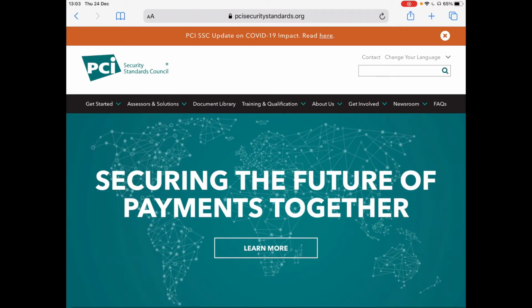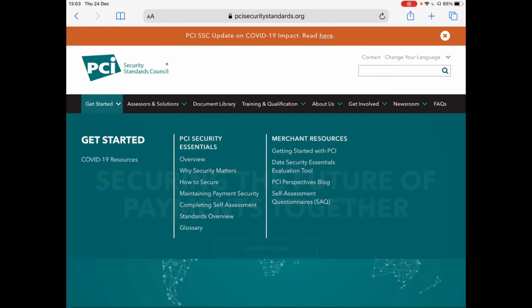Specifically, if you go to the Get Started section here, on the extreme right hand side, it talks about the merchant resources.